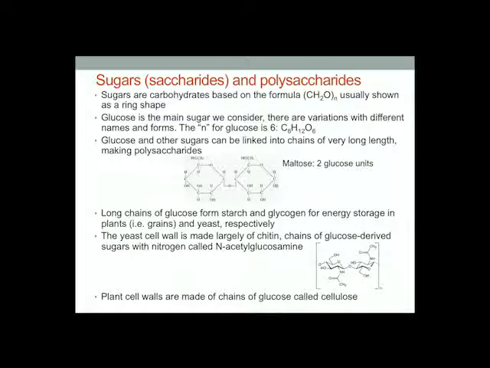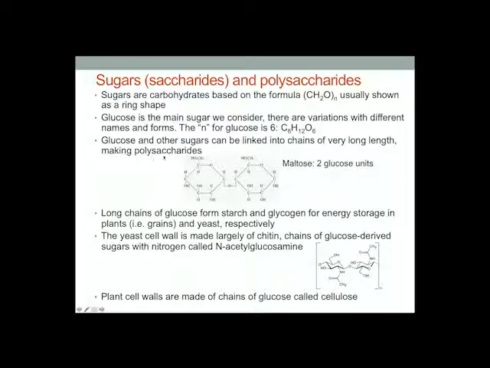If we look at maltose, which is very important to brewing, maltose is what we call a disaccharide, so it's 2 units of glucose. If we just have glucose, that would be a monosaccharide. And glucose or other sugars can be linked into very long chains to make what we call polysaccharides, because poly is a word that means many, and saccharide is a word root that refers to sugars.